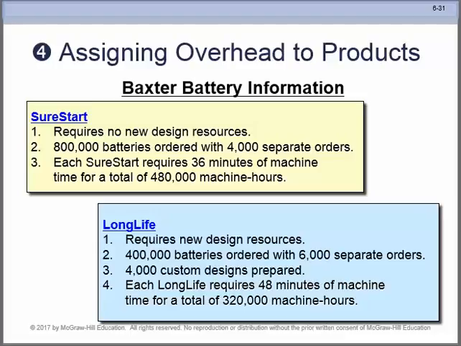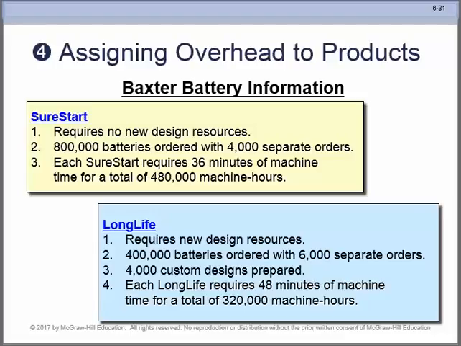Each Sure Start requires 36 minutes of machine time for a total of 480,000 machine hours. How do we get that? 800,000 batteries times 36 minutes per battery comes out to 480,000 machine hours.